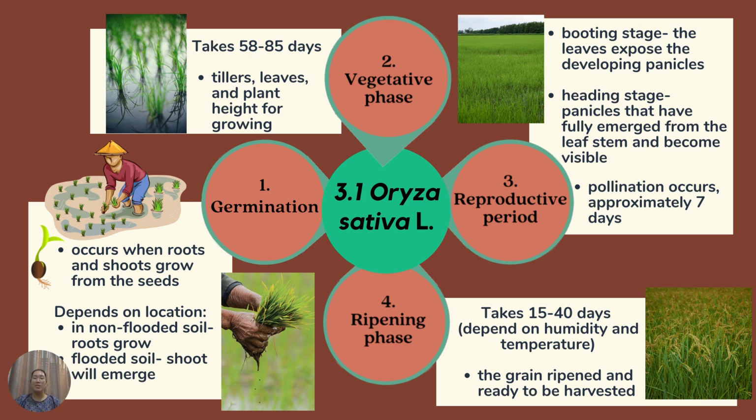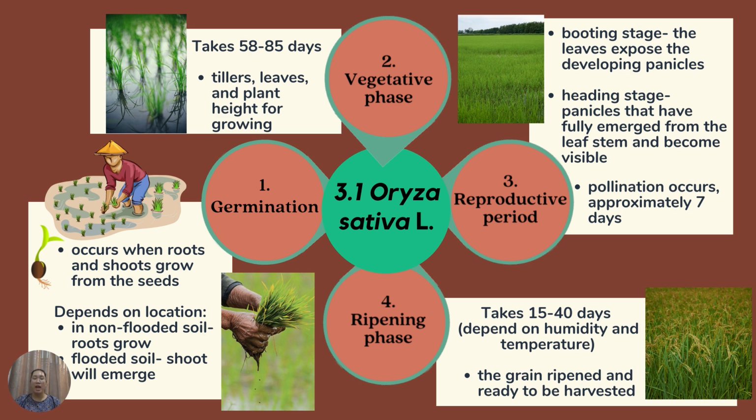Next, the vegetative stage refers to the growth of tiller, leaf, and plant height that takes 58 to 85 days. The reproductive stage begins when the leaf exposes the developing panicles, which is known as the budding stage, followed by the heading stage, which refers to panicles that have fully emerged from the leaf stem and become visible.